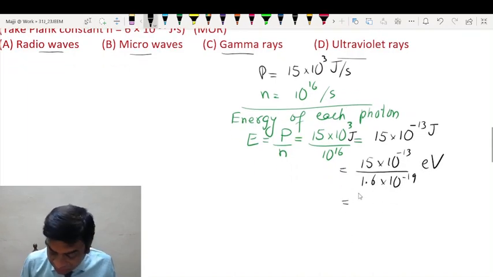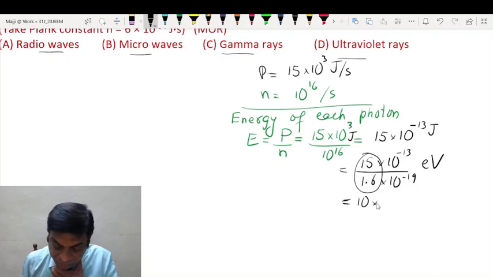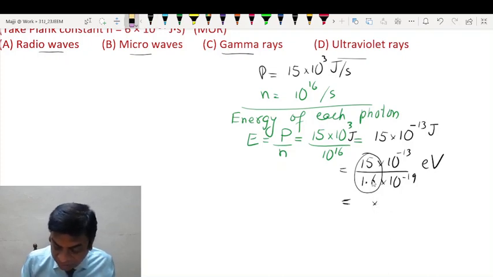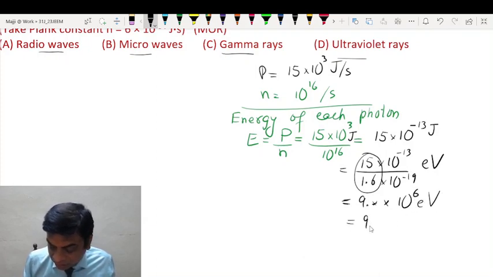So as you can see, this will be maybe somewhere around 10. I am not sure. Maybe slightly less than 10, because 16 tens are 160, 1.6 tens are 16. So maybe 9 point something into 10 power 6. So this is straight away going in million electron volt.